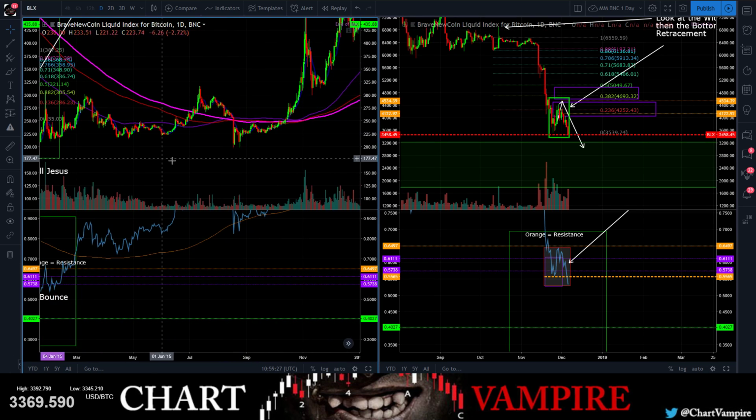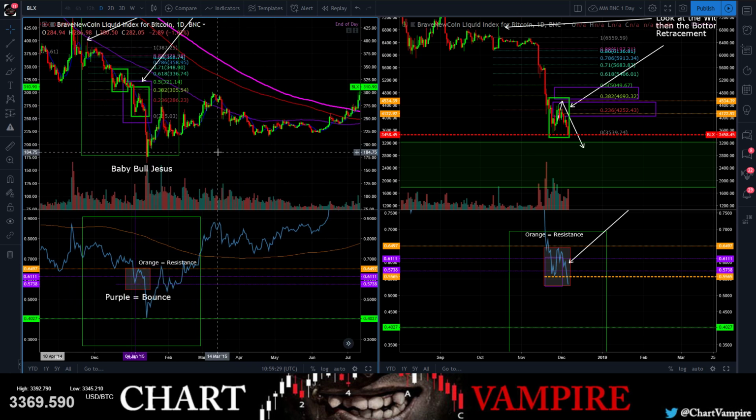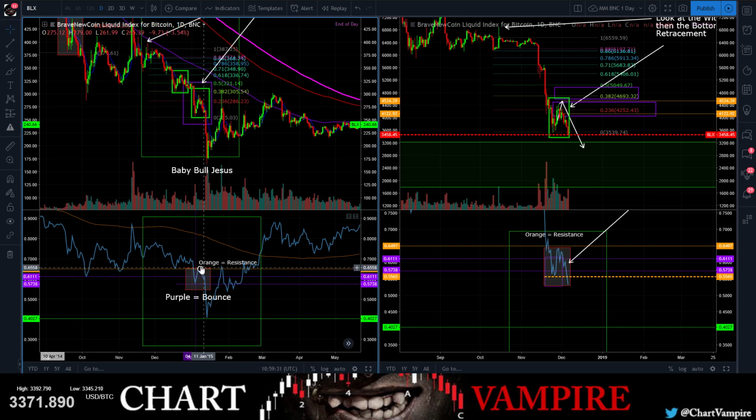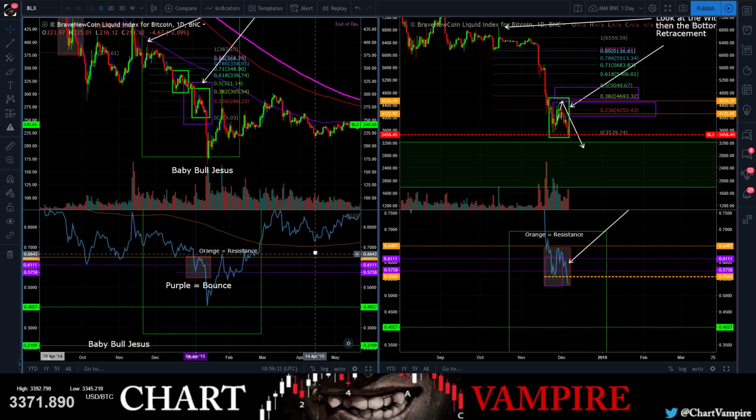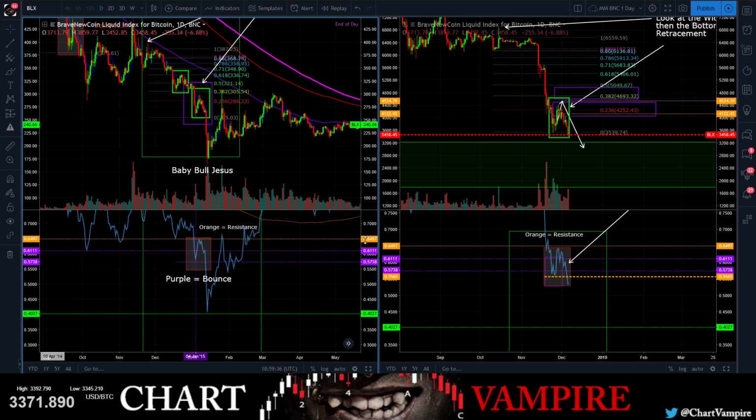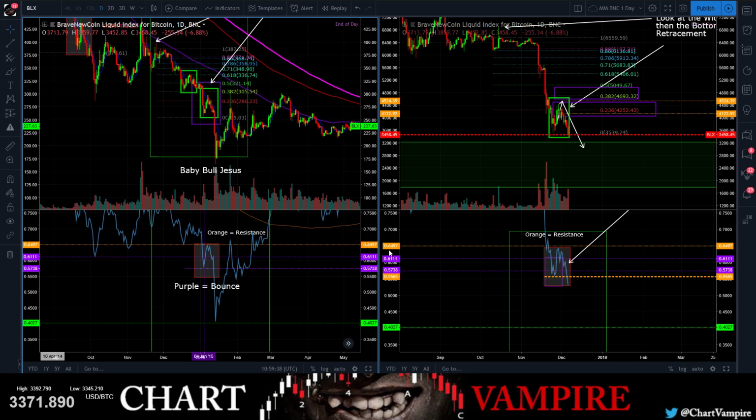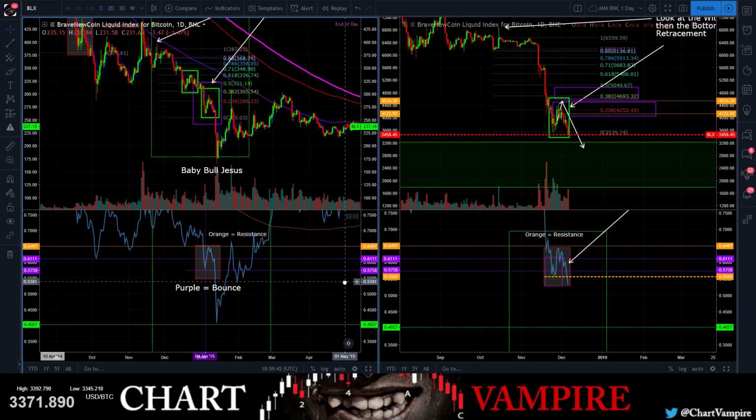All right, so here's our Meyer multiple chart right here. You see, we kind of pulled off the same pattern, right? We bounced exactly in the same location. Look at these all line up: 6497, 6111, 5738. So all these line up.